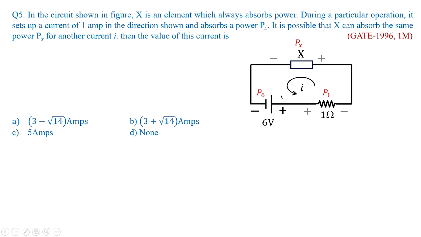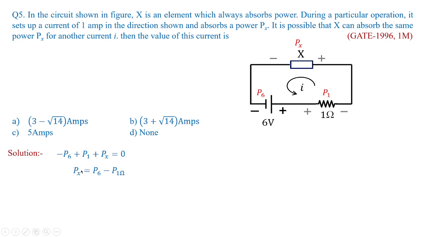So when the current flows in anti-clockwise direction, this is how the directions of the developed voltage drops will be obtained across the passive elements. That is an important catch over here. And for this, I'm going to apply minus P6 plus P1 plus Px equal to 0, such that I can make the value of Px equal to P6 minus P1.